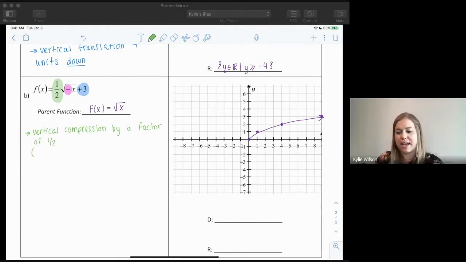And when it's my A value, I always just multiply y's by 1/2. So no matter what the A value is, I always just multiply my y's by my A. So let's go through and do that.